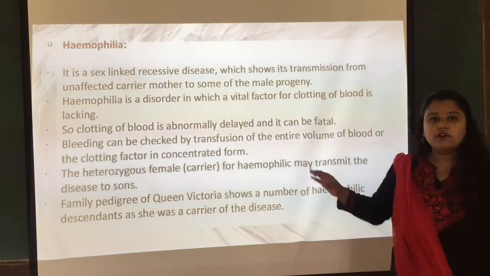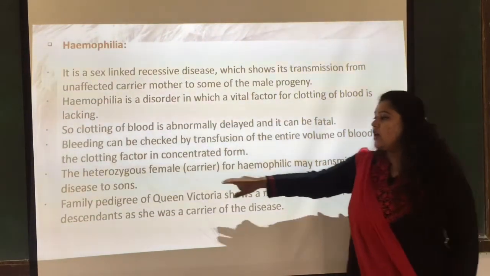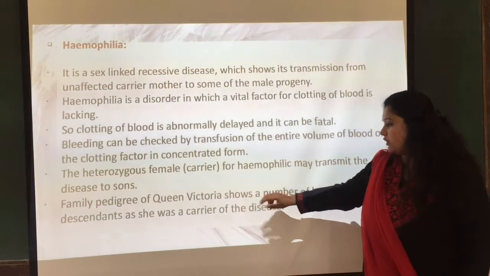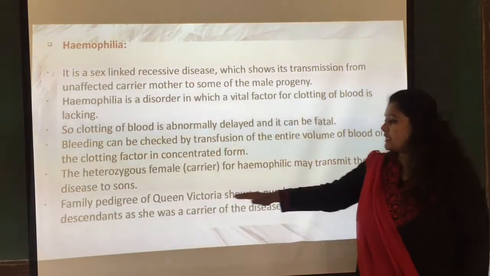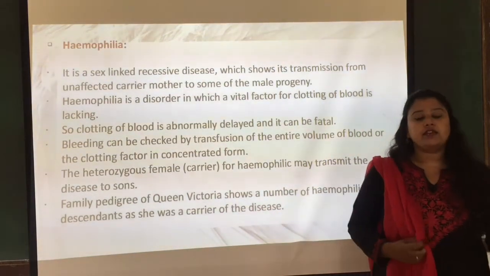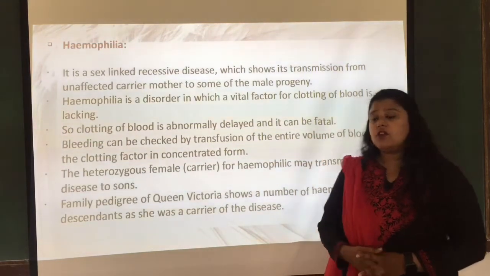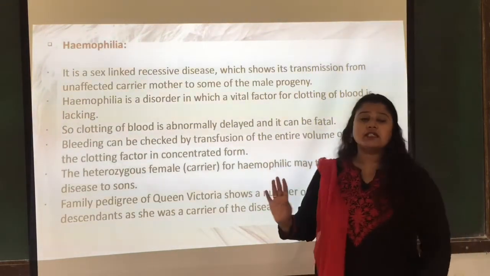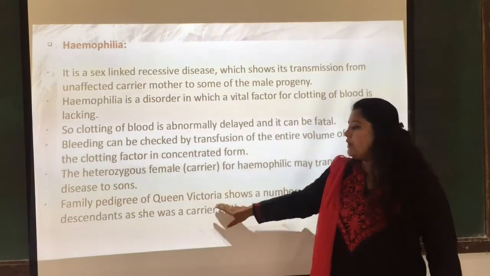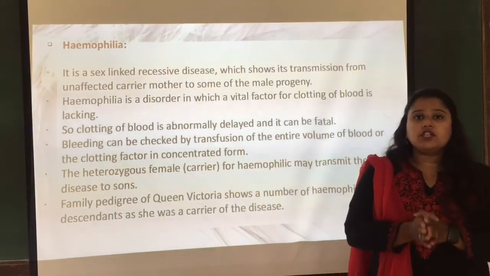The example of this particular disease is the family pedigree of Queen Victoria, which shows a number of hemophilic descendants as she was the carrier of the disease, right? This disease was observed in Queen Victoria's family pedigree, where she was the carrier.